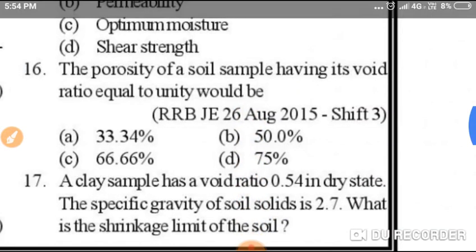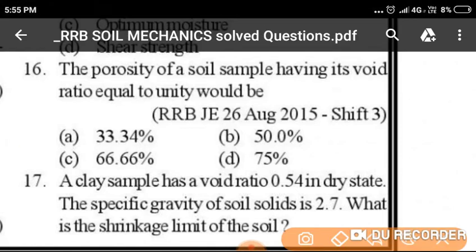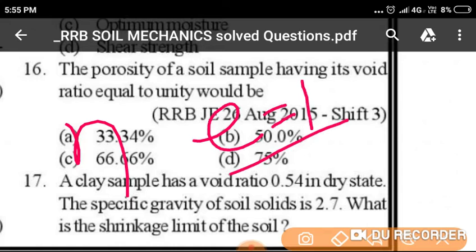Question number 16, the porosity of a soil sample having void ratio equal to unity. We have to find the porosity of a soil sample having void ratio equal to unity, that is e is given, we have to find porosity.